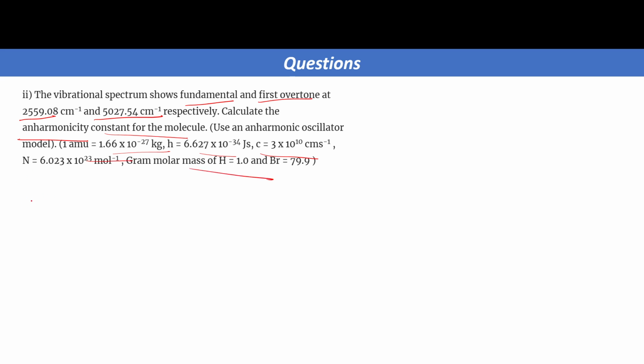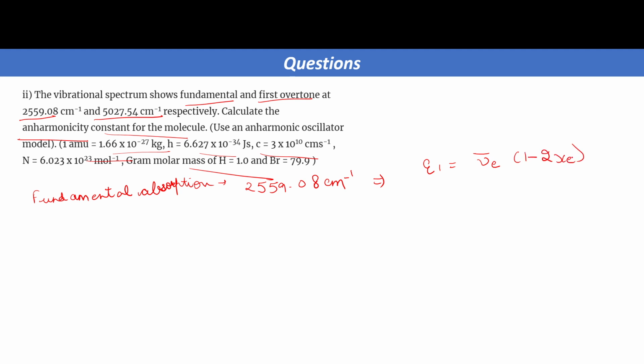So basically, for the fundamental absorption, it is given 2559.08 centimeter inverse, or we can equate it to the energy, ν̃e (1 minus 2 Xe). What is Xe? Xe is your anharmonicity constant.